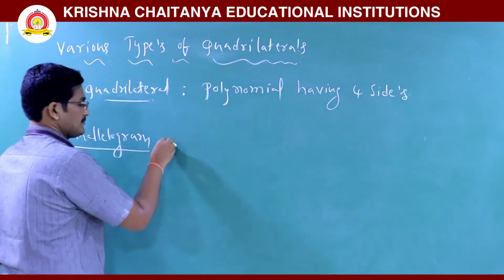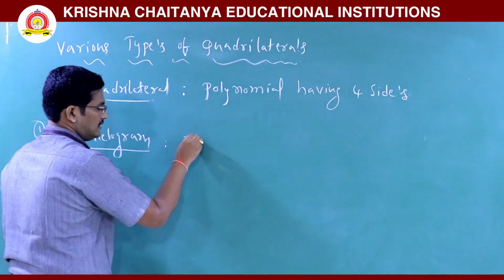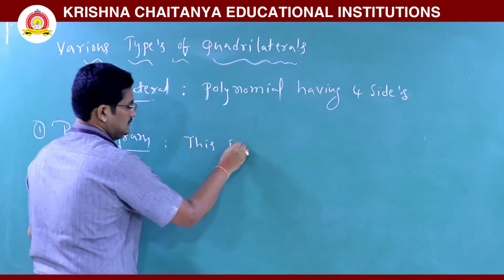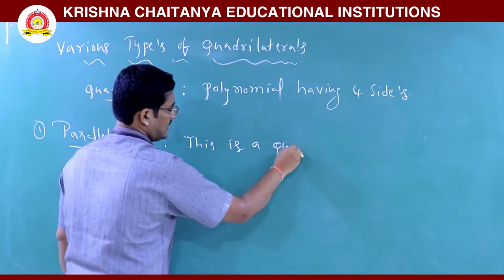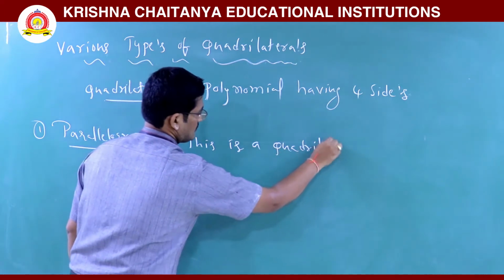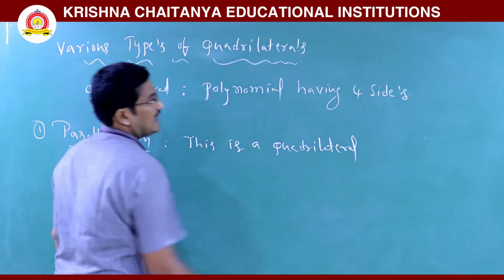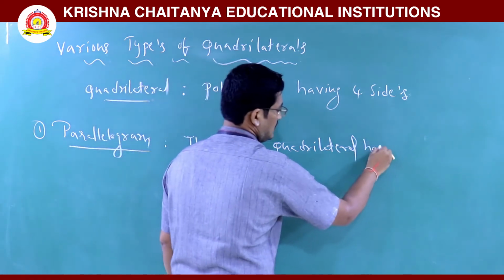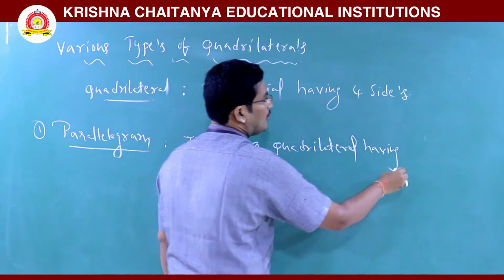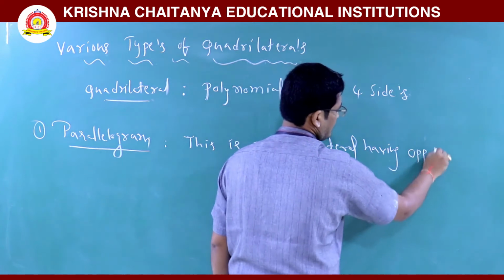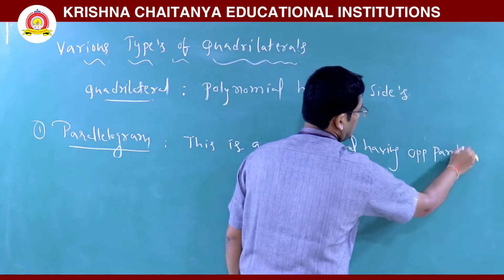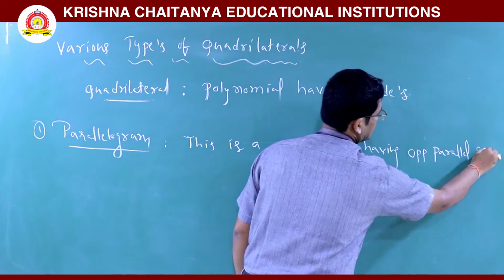Parallelogram is a quadrilateral having opposite parallel sides. This is the meaning.